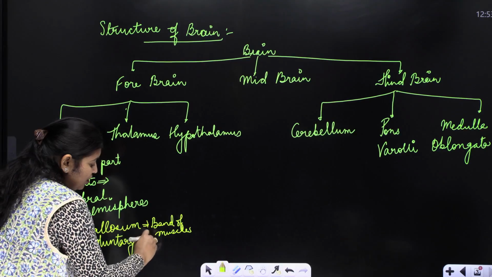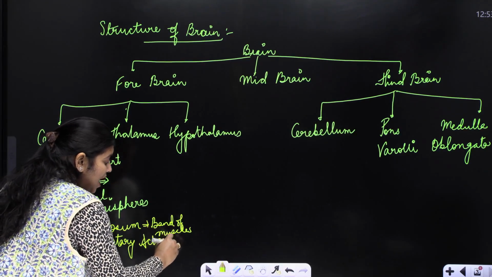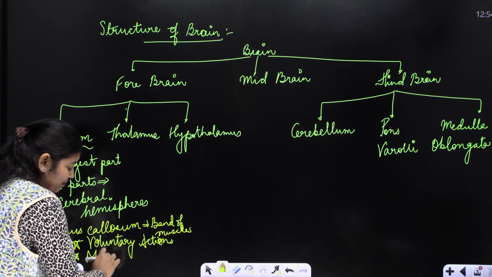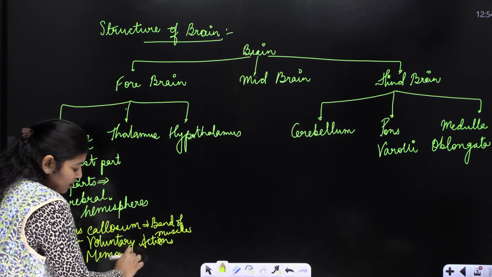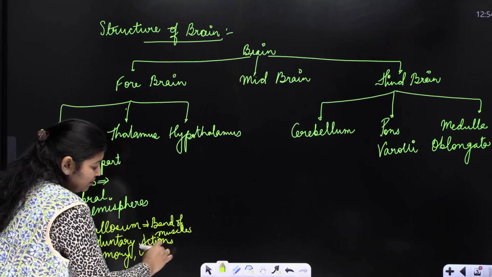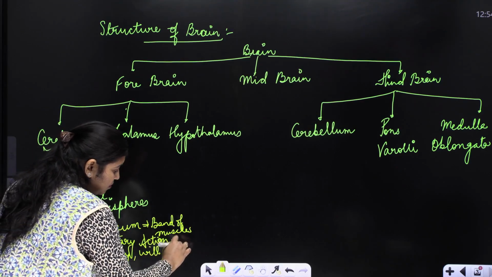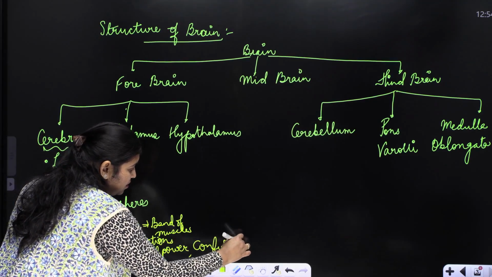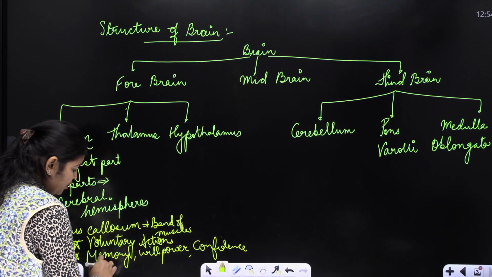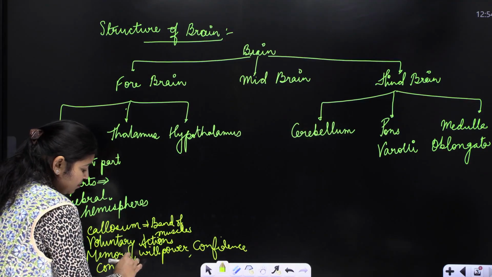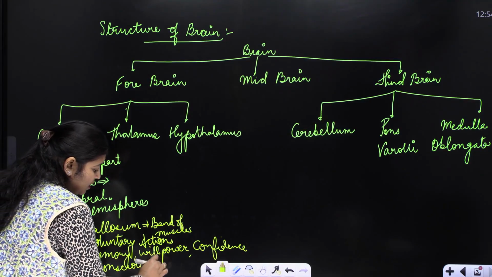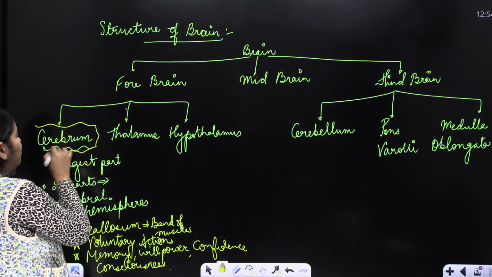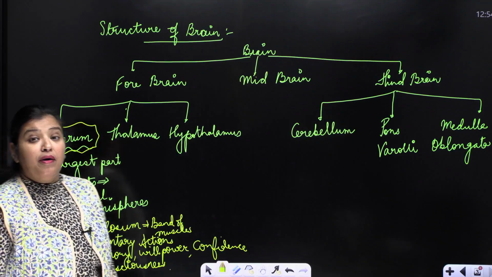And besides that, memory, willpower, confidence, and consciousness are a gift of this part of the brain, which is the cerebrum.